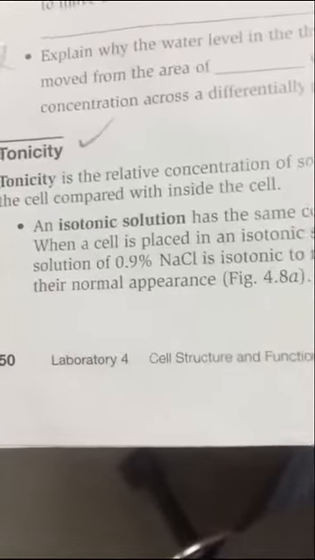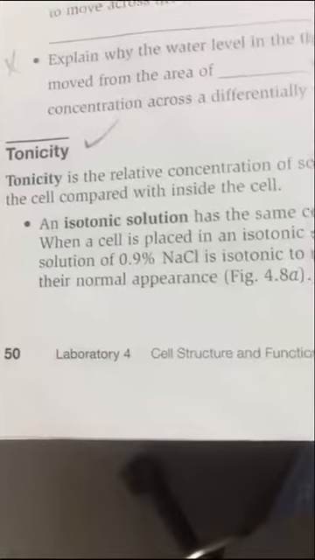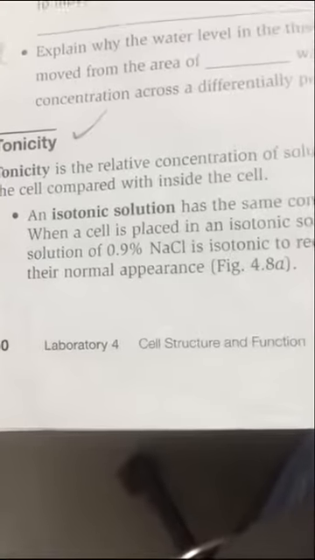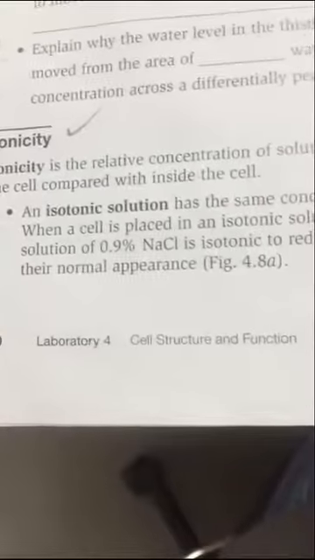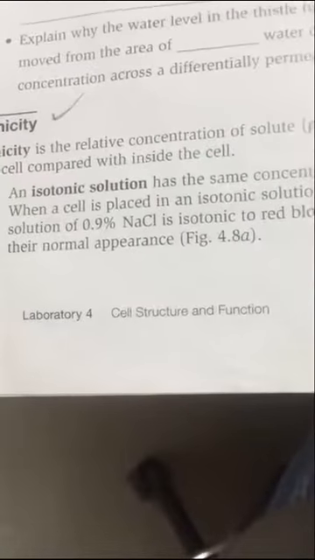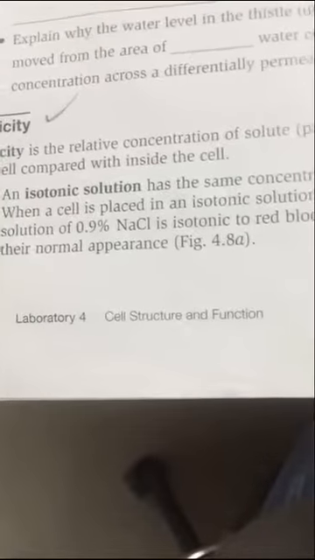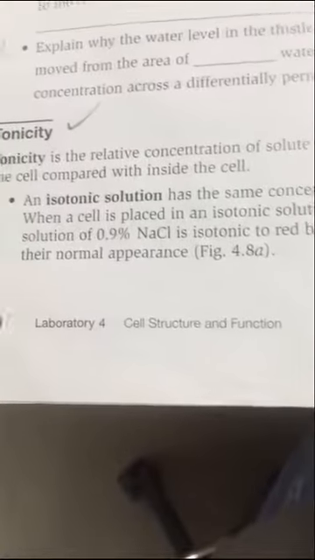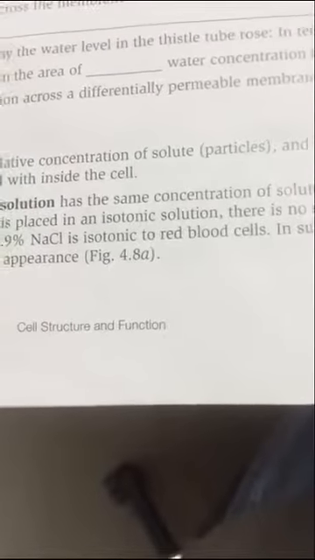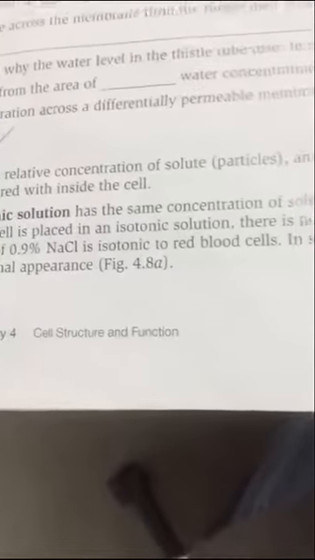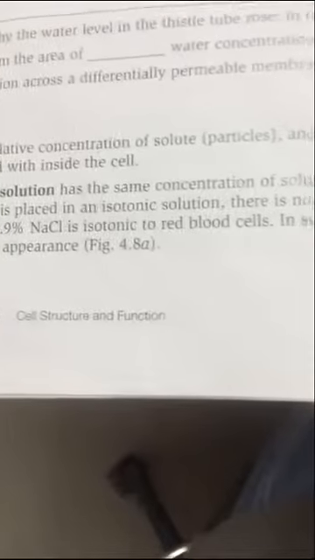Tonicity refers to the concentration of the solute, so whatever's dissolved in the water. So in this case, if I had a 0.9% salt dissolved in water, that is isotonic to red blood cell water concentration, because the concentration in red blood cells is a 0.9% salt.